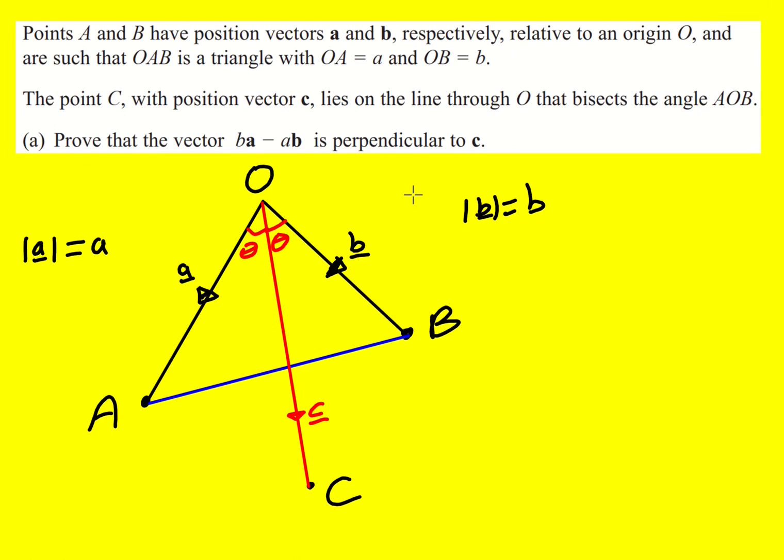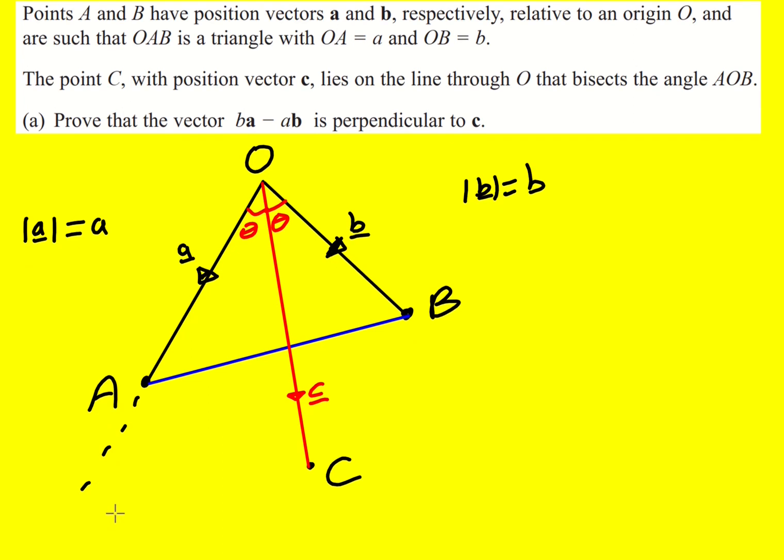So I can extend vector A to get BA. I'm going to assume that B is greater than 1, it's not actually going to matter, but it's going to be easier to draw a diagram for.